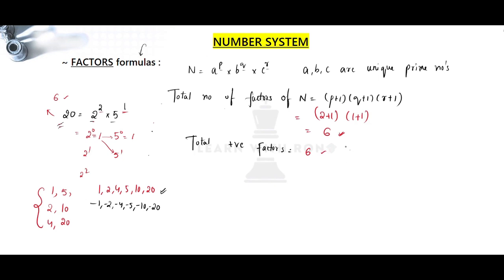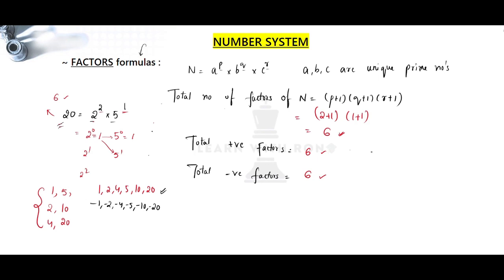If they ask the question like total negative factors, see how many positive factors there are. There are the same number of negative factors also. So in this case, the same number, 6.